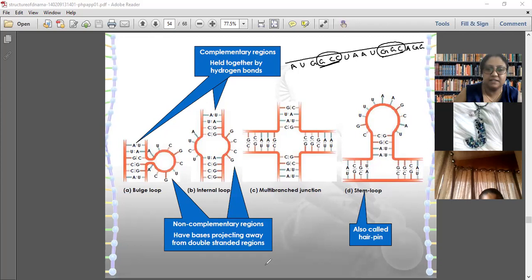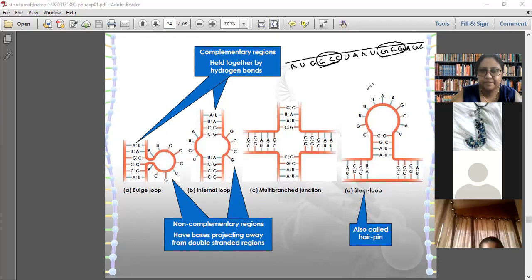Are these two parts complementary or not? Here it is GCC. Oh, it will be CGG. Sorry. So now, are these two parts complementary?